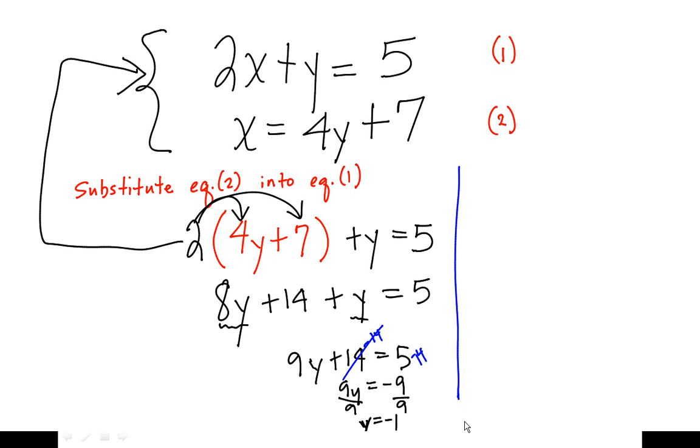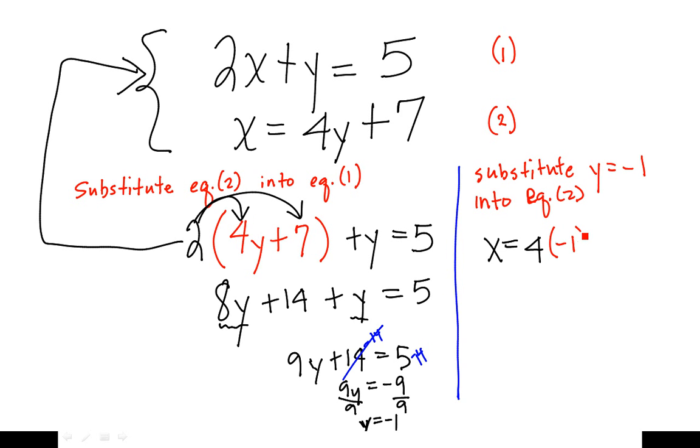So we're going to substitute now our answer, y equals -1, into equation 2. Equation 2 is x equals 4, and since we know what y is now, y is -1, plus 7.